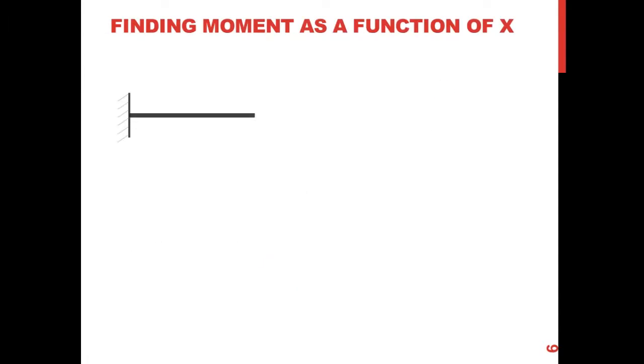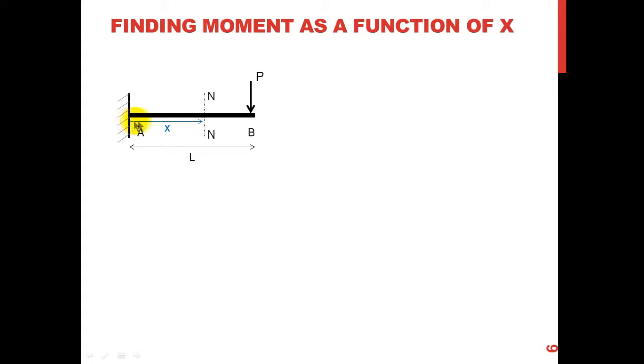Right, now before solving example one, we need to clarify some stuff. Suppose I have the same example, with this point load at the end tip, and I want to find the moment as a function of x. What do I have to do?